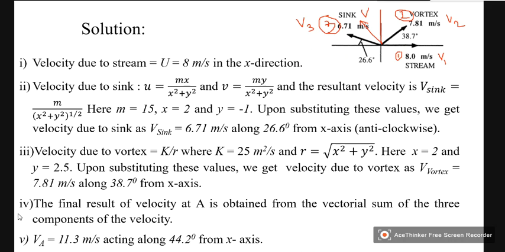Sum of the three velocities. If you add all the 3, what will you get? 6.71, 7.81, 8. So 8, 15, 21, 26.62 you will get. Is that correct?